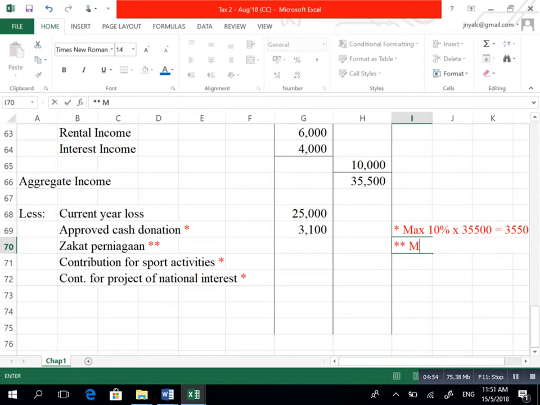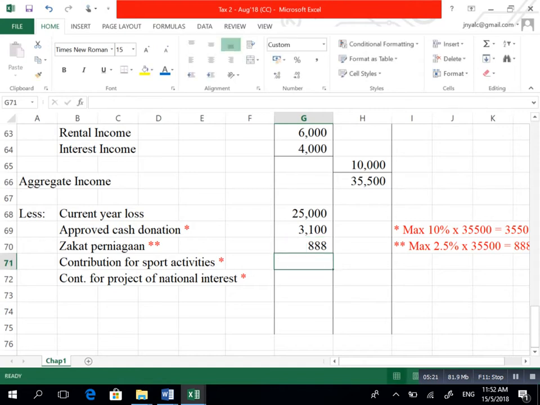Maximum 2.5% of 35,500, which means maximum 888, to the nearest RM. How much did you contribute? 2,500. So here you can only deduct 888. You still have income to deduct.